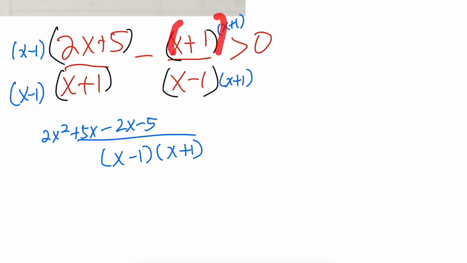You can do these 2 multiplications and then distribute the negative, but for time's sake, I'm going to distribute a negative x, then I'm going to distribute a negative 1, okay? If I distribute a negative x to this, I am going to get negative x squared minus x. And then if I distribute a negative 1, I'm going to get negative x minus 1.